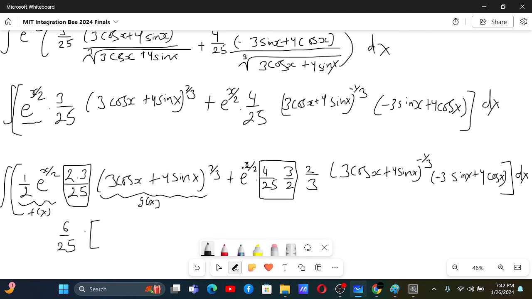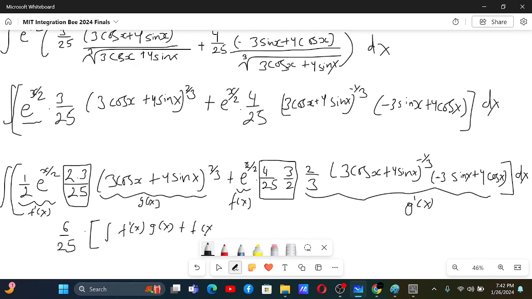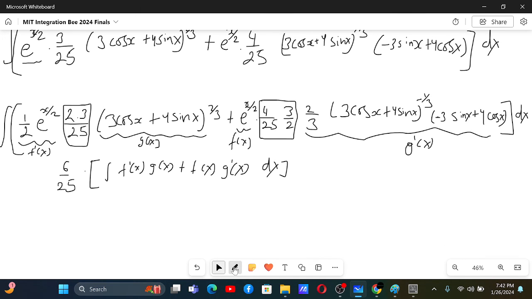And over here this is f of x, and the other thing is g dash x. So it's basically in the form f dash x g x plus f of x g dash x. Now this is exactly the product rule, so we can write this as f of x g of x.